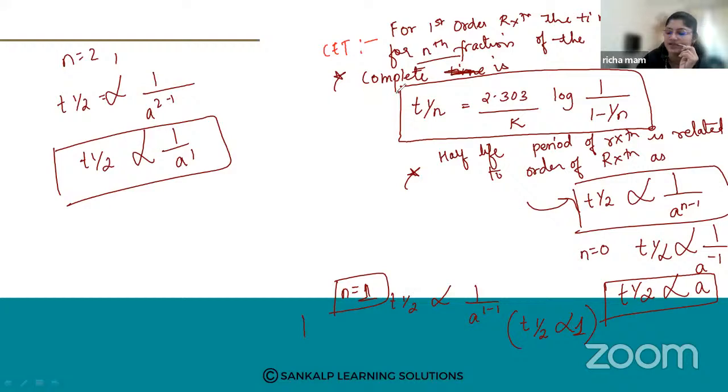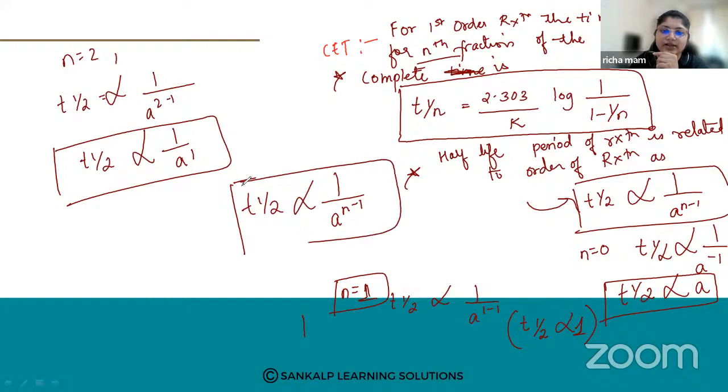So these are the important things you need to know. Is it clear up to here? For a first order reaction, the time required for the nth fraction of the reaction is given by T 1 by n equals 2.303 by k log of 1 by 1 minus 1 by n. For the half-life period, how is it related to the order of the reaction? T half is inversely proportional to A raised to n minus 1.